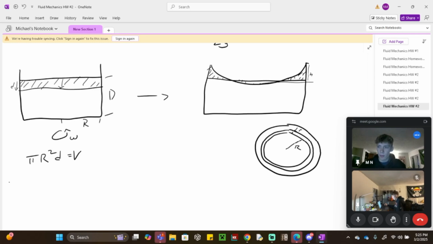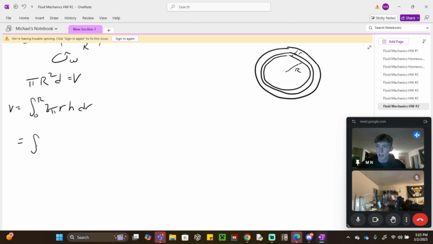This volume will be equal to the integral from 0 to r of 2 pi r h for the height to get the surface area times dr to get the volume.